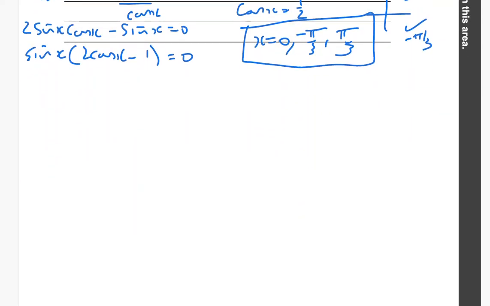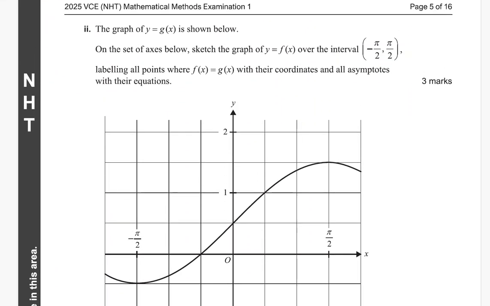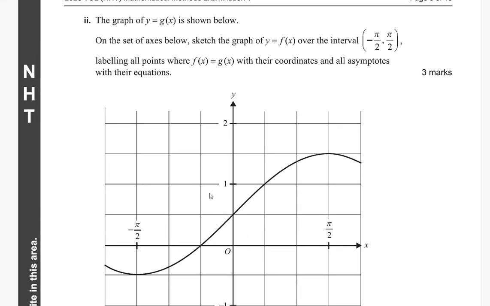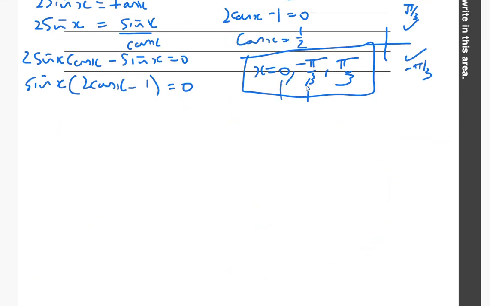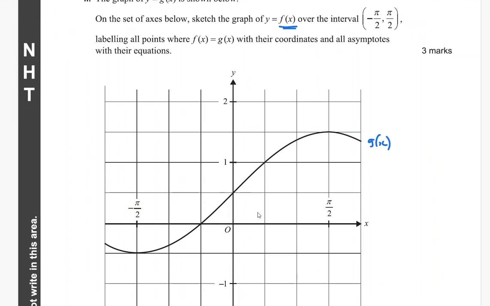And over the page, we're asked to draw. This has a graph of g. We're asked to add f. Well, from the last page, this is where they intersect. So I know I have an intersection point there, an intersection point there, and pi on 3, an intersection point there.